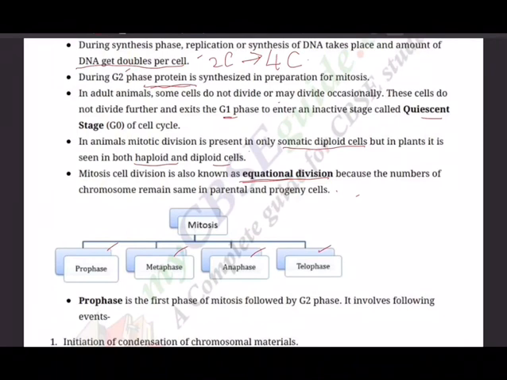Whenever there is a disturbance in the ratio of cytoplasm and nucleoplasm, the cell loses its control over division. Hence, tumors will be formed and tumors lead to cancer. Hence, mitosis should always be under control.